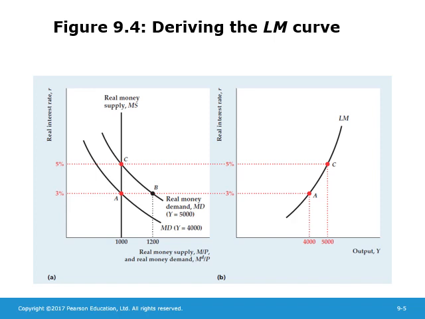The equilibrium was initially at point A. This is the point at which real money demand equals real money supply.